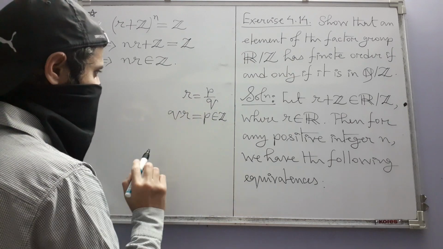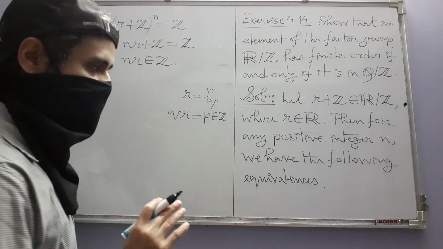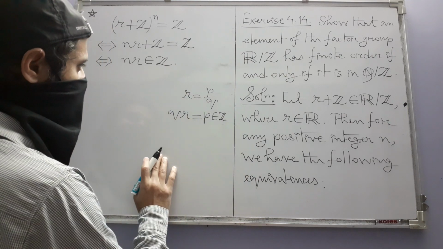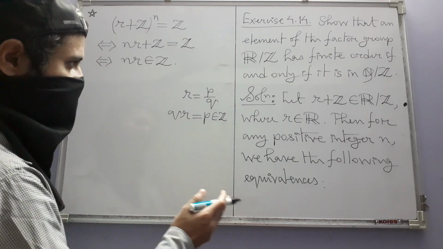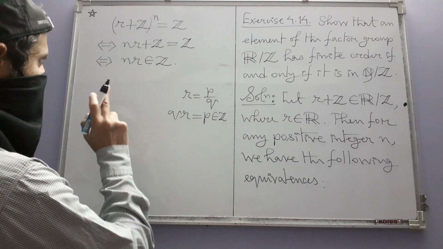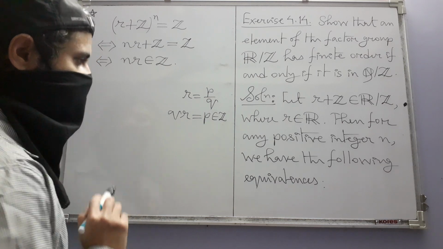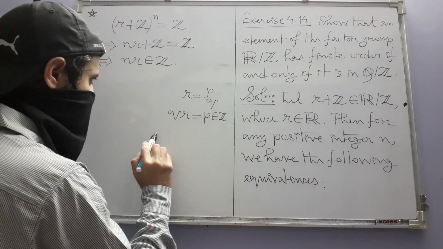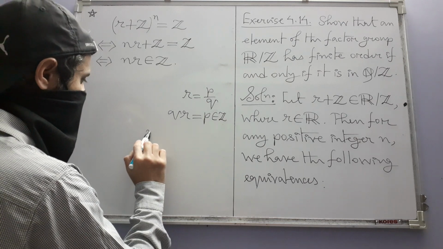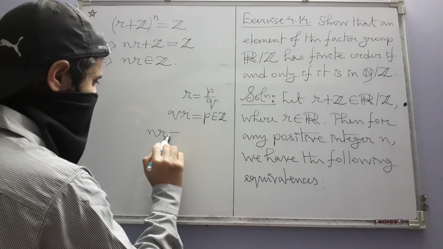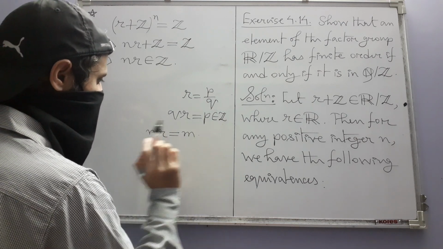Conversely, if r is not rational, say r is irrational, and you are forcefully assuming that even in that case nr is an integer, then what would go wrong? Say r is irrational, but still nr is an integer, some integer say m.